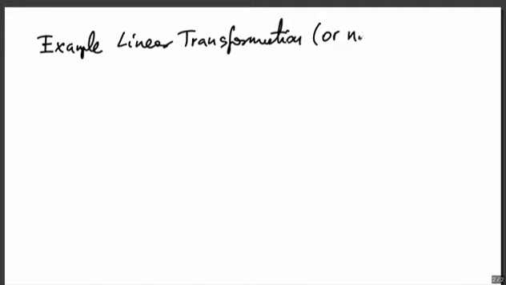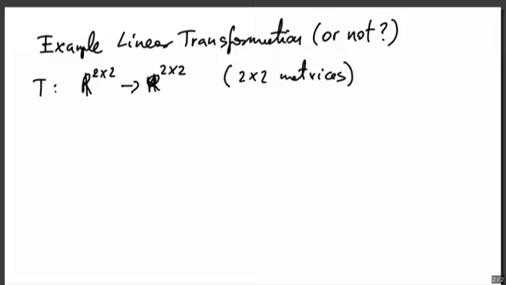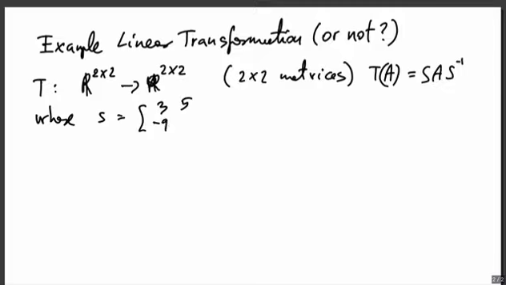The transformation, linear transformation example, or in some cases it will be not linear transformation. We have to figure it out. So in this example, T maps from 2 by 2 matrices into 2 by 2 matrices. And the formula is that T of A equals S A S inverse, where S is a given matrix 3, 5, minus 9, 0.